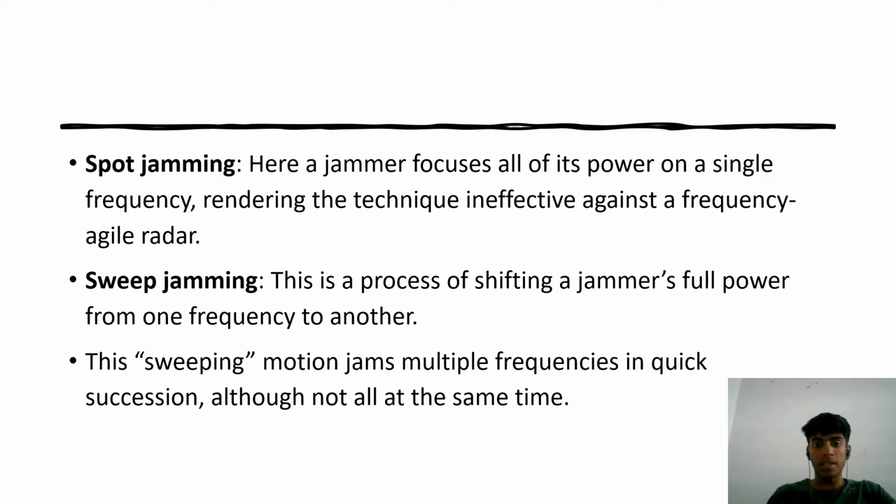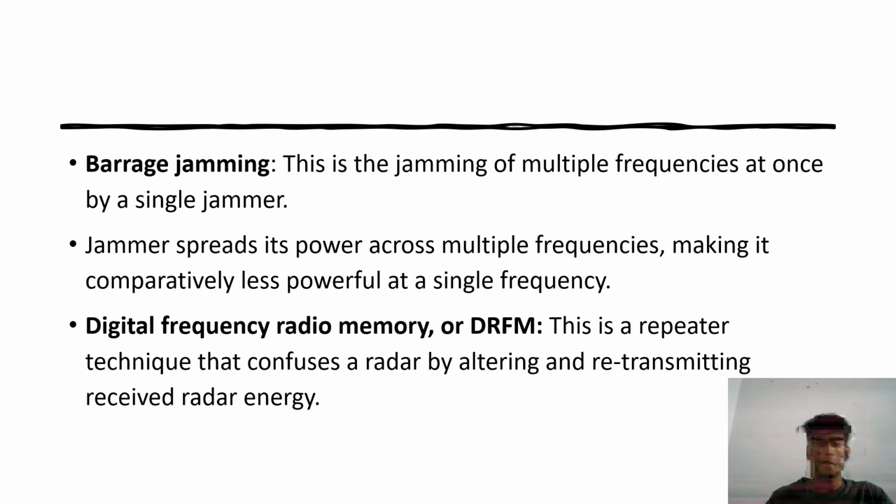Sweep jamming is basically a process of shifting a jammer's full power from one frequency to another. The sweeping motion jams multiple frequencies in quick succession, although not all at the same time. Barrage jamming, as the word suggests, is the jamming of multiple frequencies at once by a single jammer.